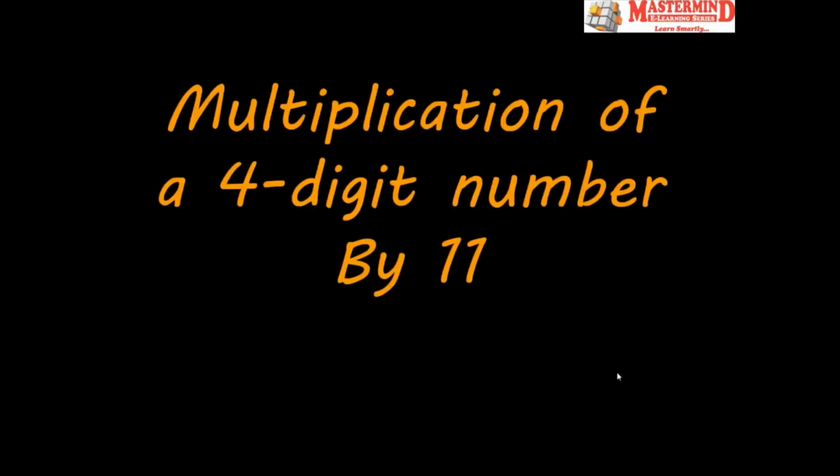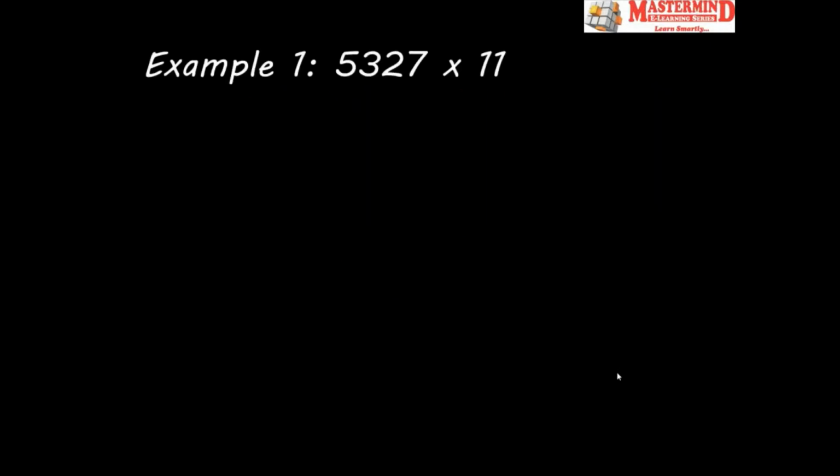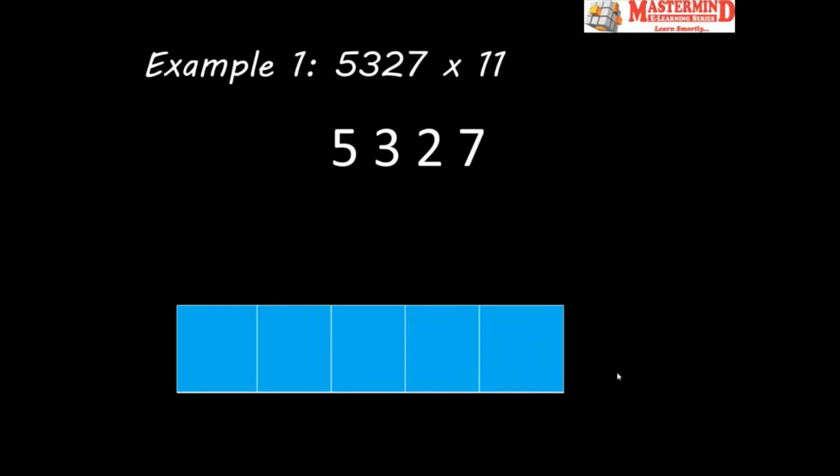Now let's see how to multiply a 4-digit number by 11. The first example, 5327 into 11. Again, we'll just put these squares for us. Now copy the first digit as it is, that is 5. Then we add first and second digits, that is 5 plus 3, which is 8.